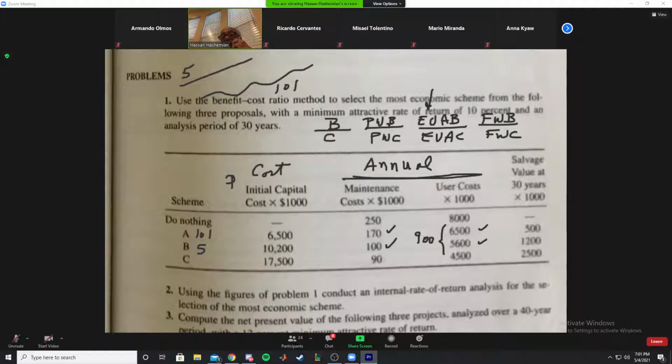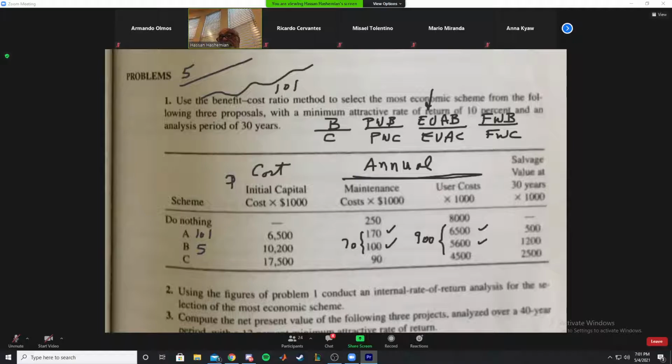So for Highway 5, the user cost has $900,000 more saving than 101. So this is going to be your benefit, and this is your benefit. So these two are considered a benefit.